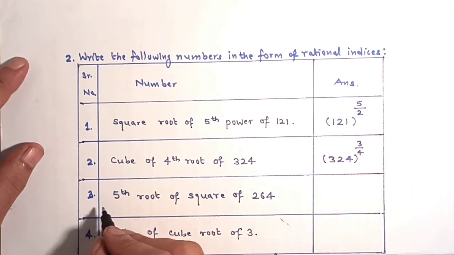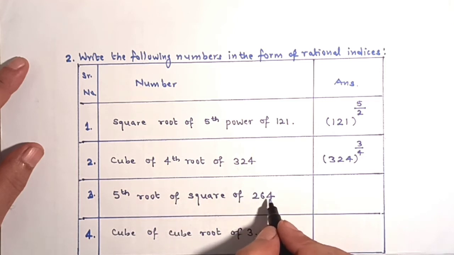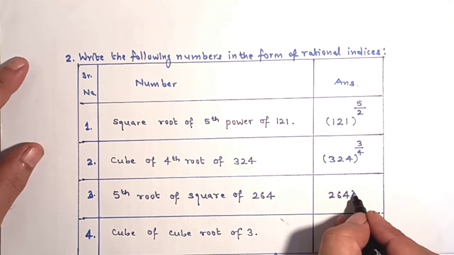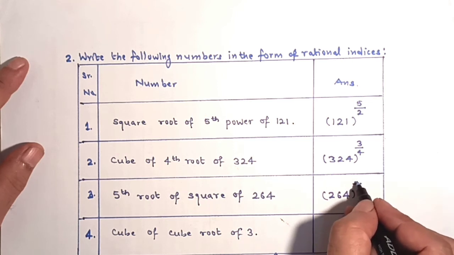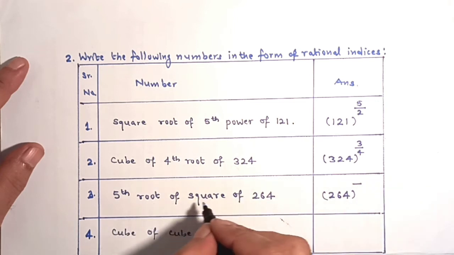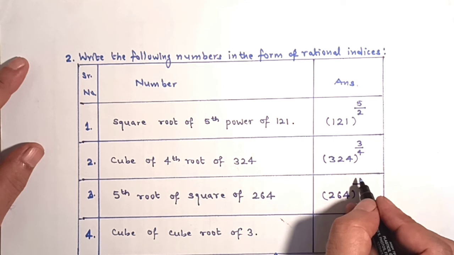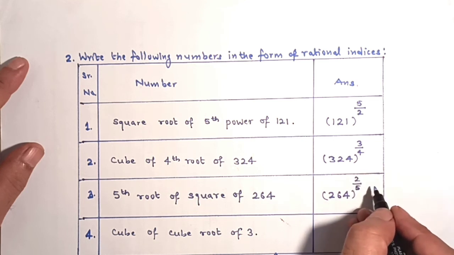Question number 3. 5th root of square of 264. So once again 264 you will consider as base. Then again m upon n form, because root is also there, square is also there. Numerator you have to write power, so square is 2 and 5th root means 5.